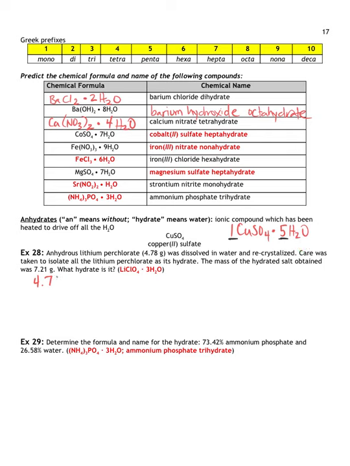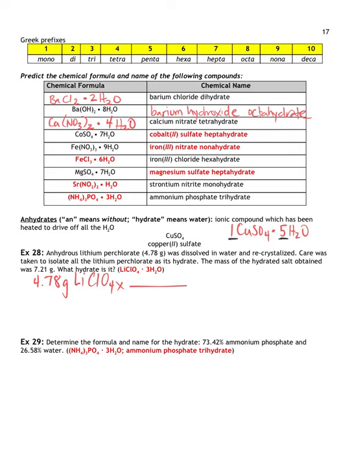I'm going to start off with my anhydrate, which is lithium perchlorate. I know perchlorate is ClO4, lithium is Li, and the Li has a +1, perchlorate has a -1. Then I convert my mass into moles. Looking at my periodic table, the molar mass of lithium is 6.94.